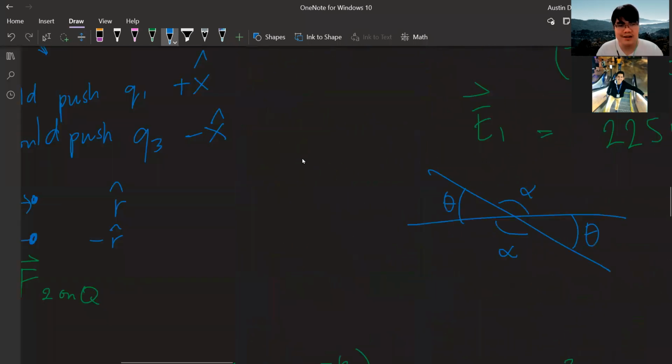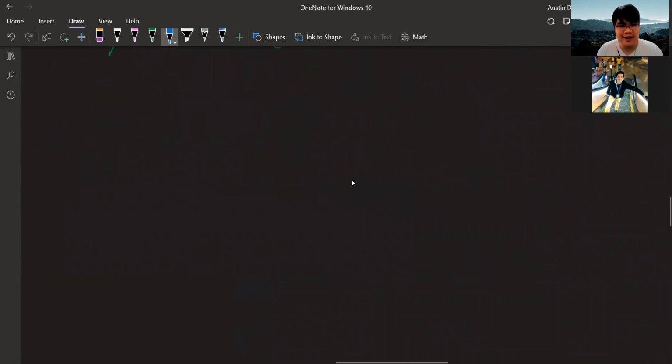Pero ito papakita ko sa inyo. So when you have two lines, rays, separated by an angle, theta, makikita mo yung mga shadows ng mga rays mo na to.